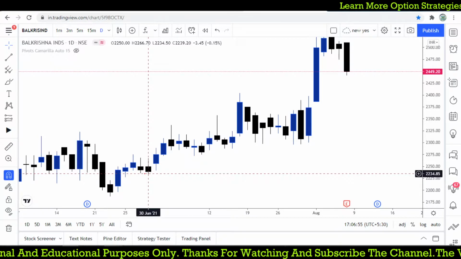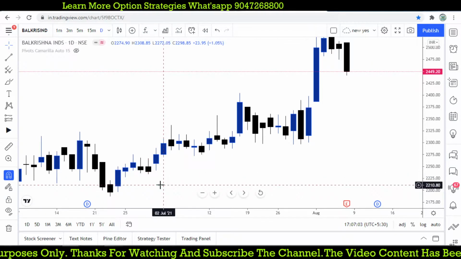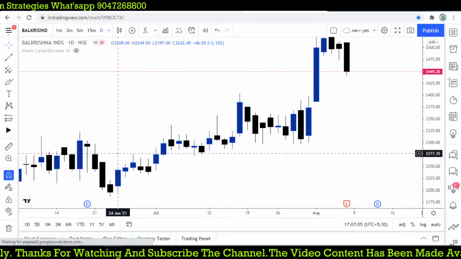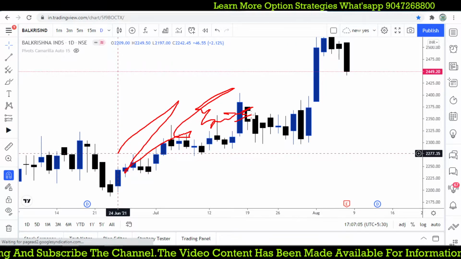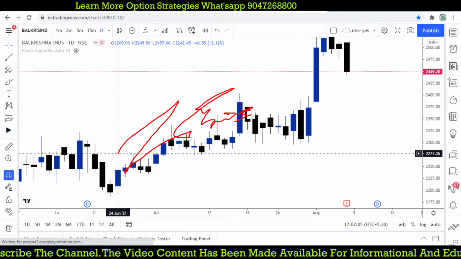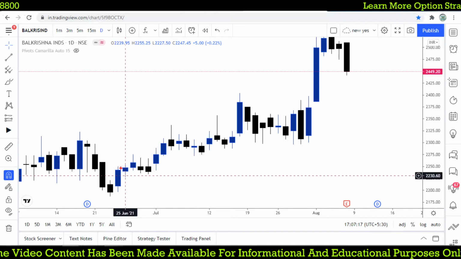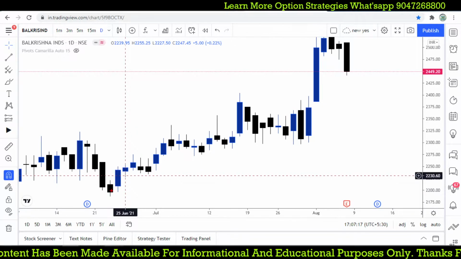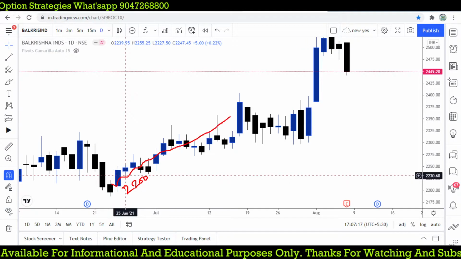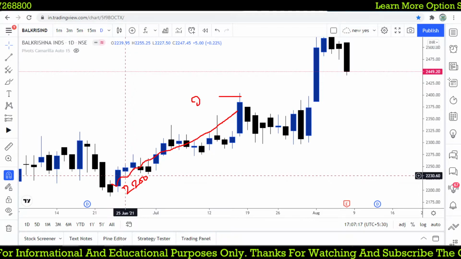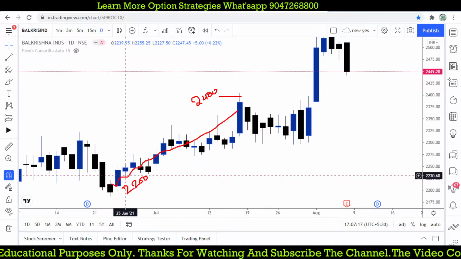From the low of 2200, the market started moving up towards the 2400 level, right? So this is showing a clear uptrend in the market.